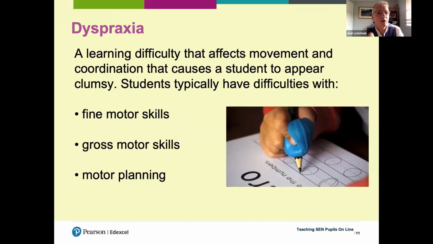A child with dyspraxia might manage the run up to the mat and then just hands down, face down, because they can't plan it. Their brain will not let them put those movements together to actually make one final movement. Triple jump, the hop, skip and jump, never going to happen.